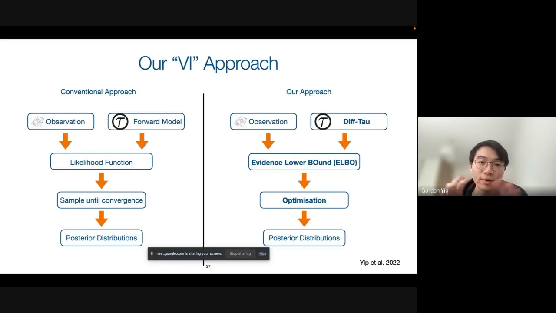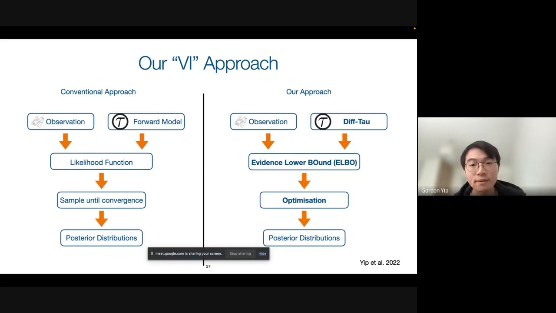Our forward model on the left, we swap by what we call a diff tau, a differentiable forward model, something that would give us the gradient. But apart from that, it's completely the same as our forward model. And then instead of optimizing through a likelihood function, we optimize the evidence lower bound. I'll talk about that later.